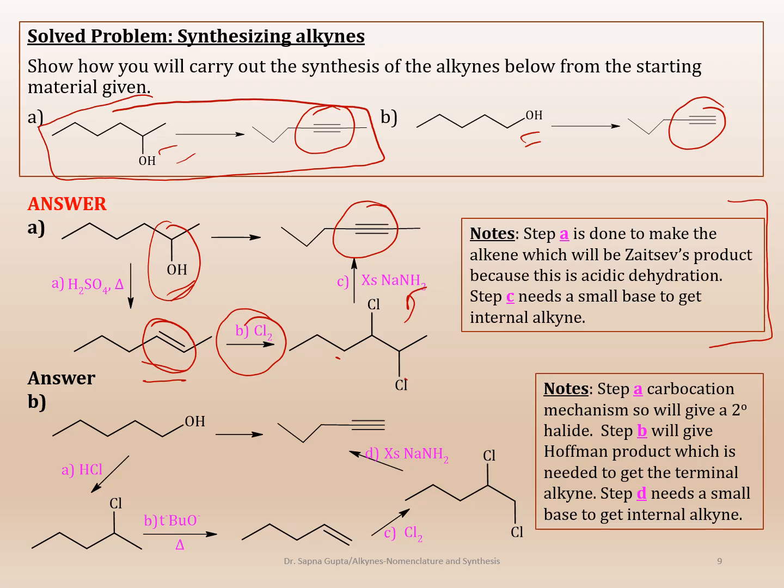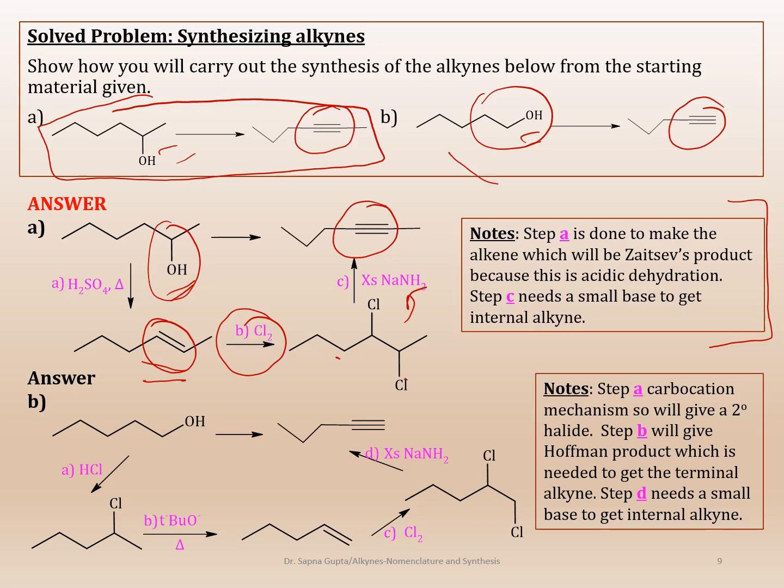Now in the second one, everything is happening terminally, which means that I have to somehow get a terminal alkene. So this alcohol, if I dehydrate that, I am not going to get a terminal alkene, because if it's an E1 mechanism, rearrangement is going to occur, and then I am going to get an internal alkene.